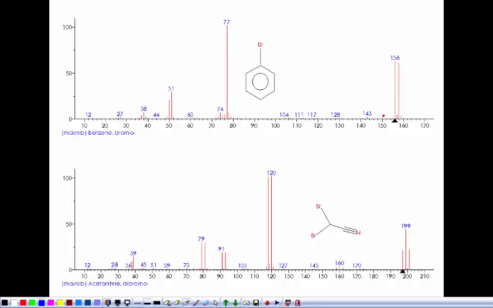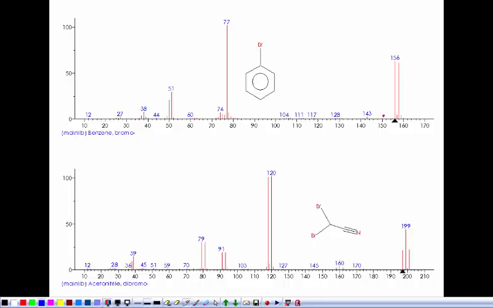Okay. And you can actually count the number of bromines in your molecule. If you have two bromines, you end up with what looks like three peaks. Because you've got the possibility of them both being 79, or one 79 and one 81, or two 81s. And so you end up with three possible mass peaks.